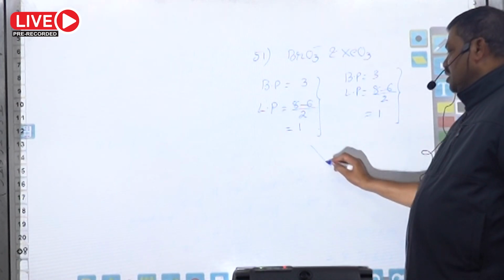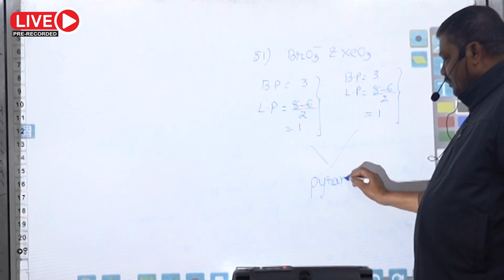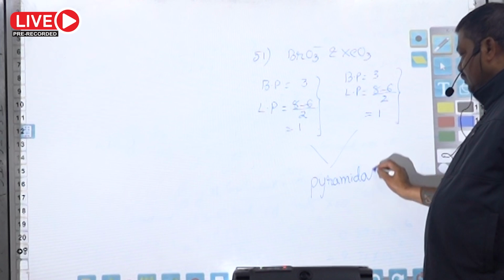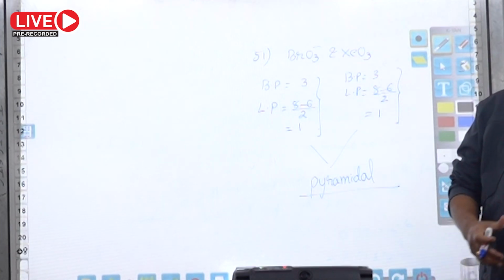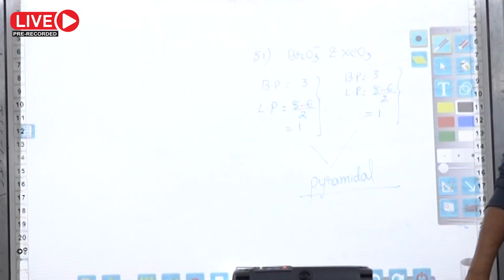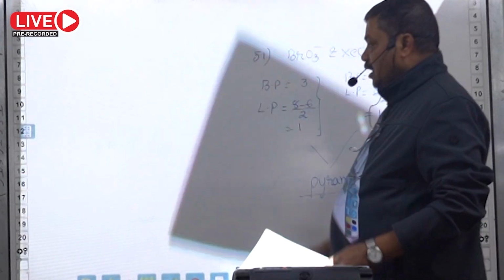So this combination will give pyramidal shape. So both are pyramidal, which means it is isostructural. This is the first question. Now the second question I answered.